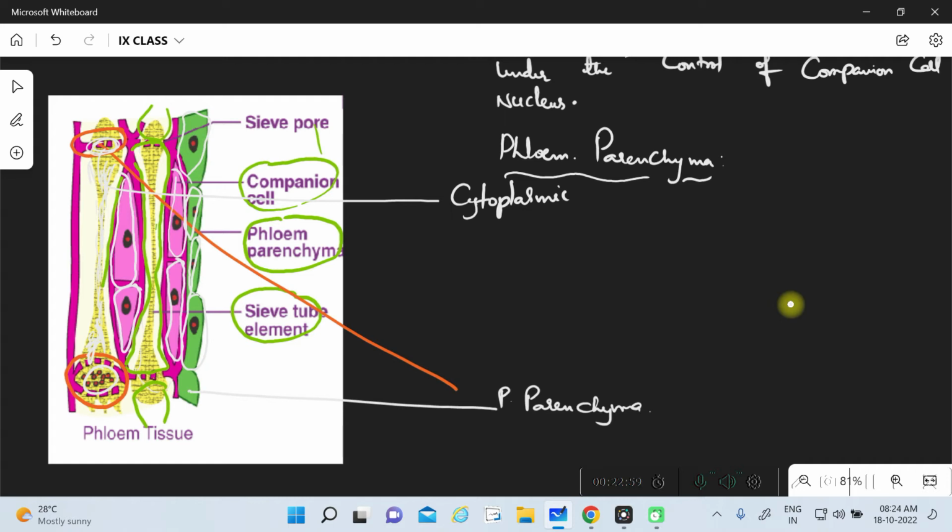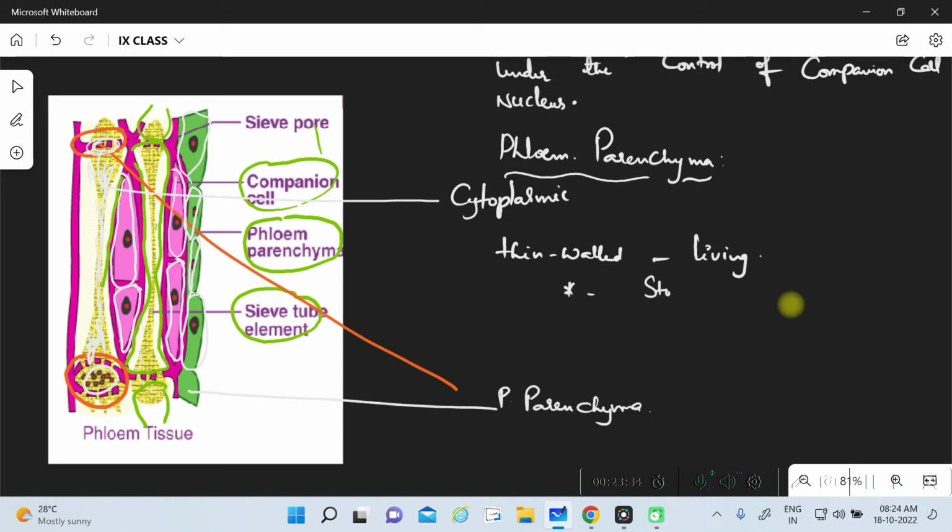Now, phloem parenchyma cells are thin-walled, long, and they are also considered living, as we all know that parenchyma is a living simple tissue. Wherever it is present, it is in living condition only. Just as in the case of xylem, whatever the xylem parenchyma does, similarly the phloem parenchyma is also involved in two functions.